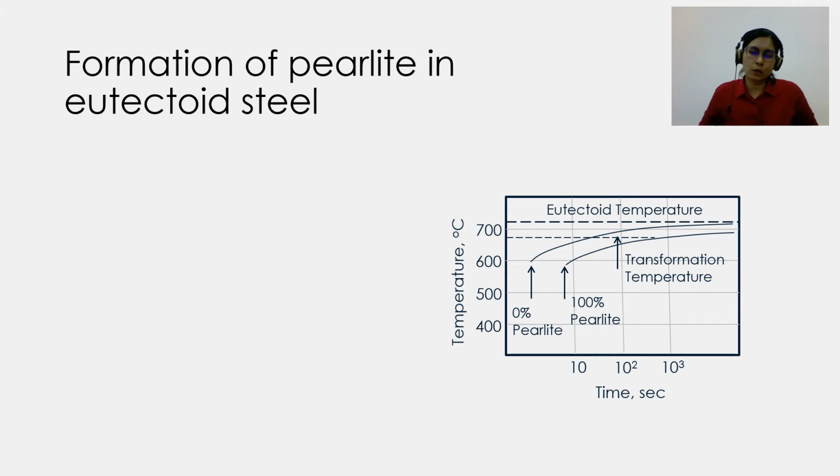So just by using the TTT diagram, we can actually design the procedure on how we want to conduct our heat treatment. So if, let's say, you have eutectoid steel in your hand, and you observe in the microstructure, it doesn't have the grain size that you want.